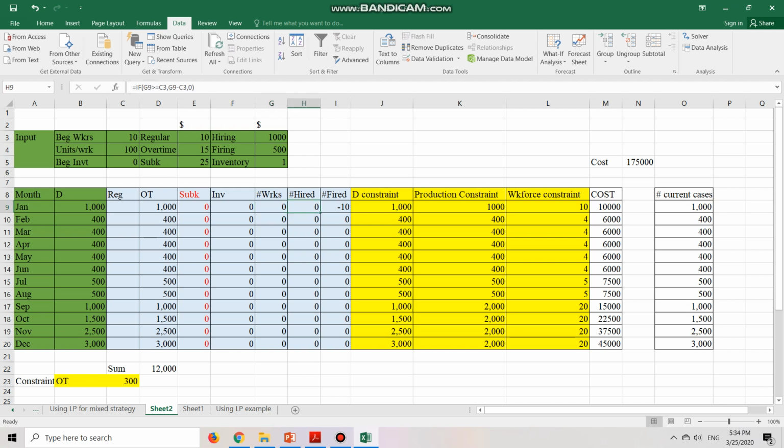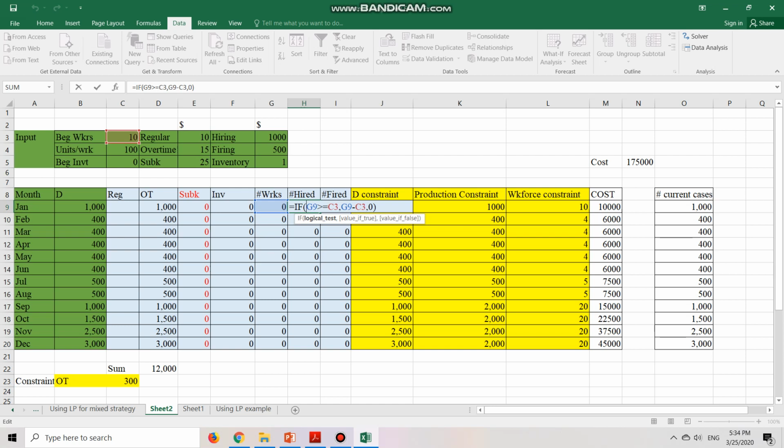And the next column is the number of people you need to hire. So we compare two values, what we have and what we need. What we have here is the beginning workers, that is 10. And what we need here is G9 for January. So if what we need, G9, is larger than or equal to the beginning workers, that is C3, we need to hire someone, right?